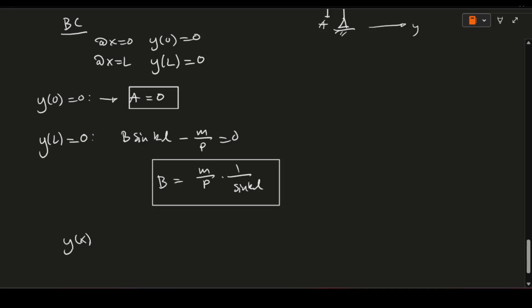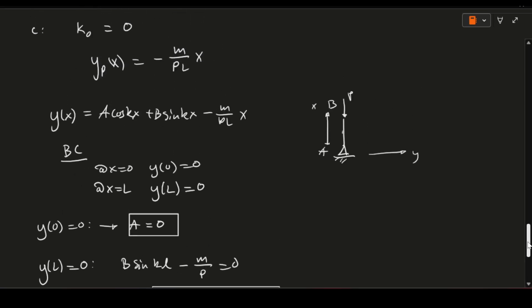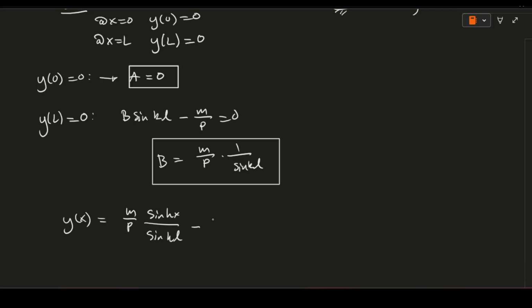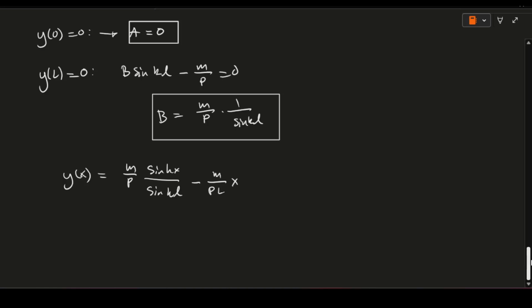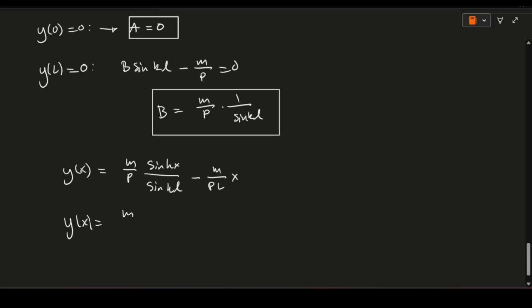So our solution becomes M over P times sine KX over sine KL, plus M over PL times X. We can factor out M over P, and we get sine KX over sine KL minus X over L, like this.